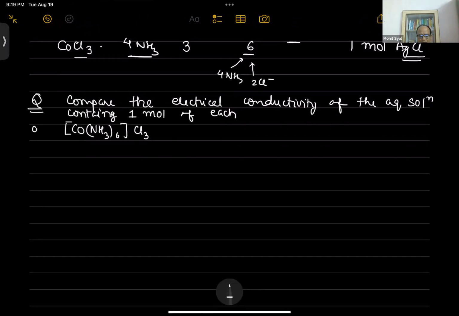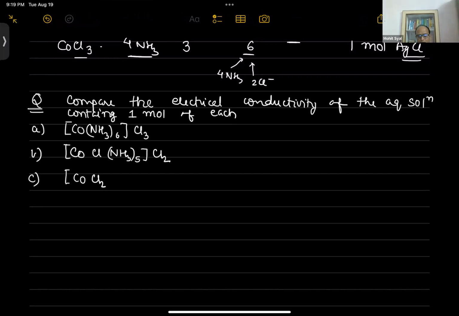Option A. Arrange in decreasing order of the electrical conductivity of their aqueous solutions, each containing 1 mole of these ions.